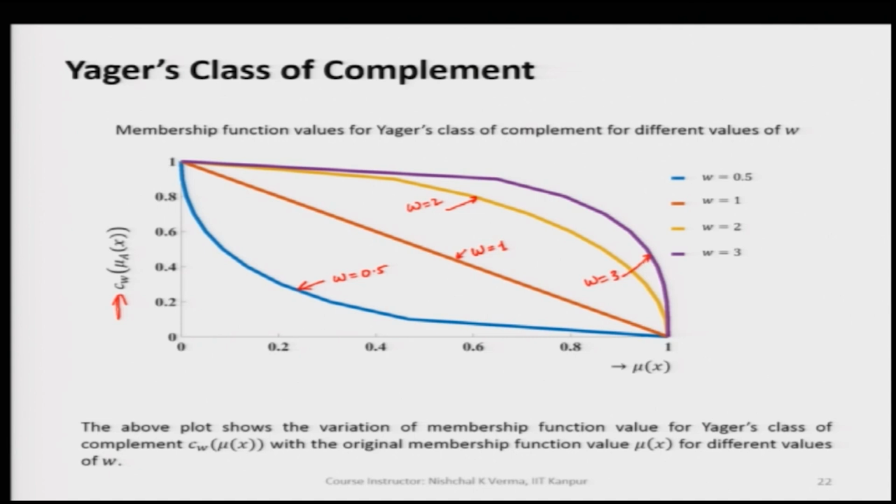This means that when we are increasing the values of W, we are moving towards this, and this is increasing, and I can say here that this is decreasing. So, this is how we are getting this kind of relationship between the membership functions and the complement membership values and membership functions.